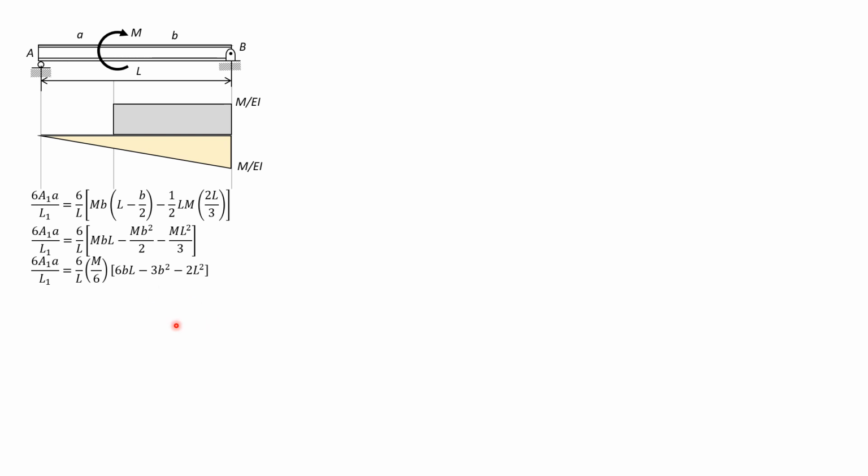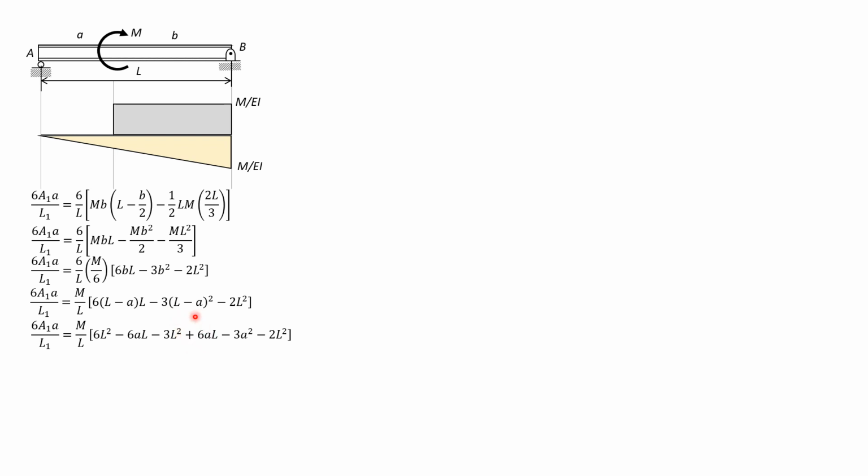Replacing B by its equivalent, which is L minus A, we have M over L, quantity 6 times L minus A times L, then minus 3 times L minus A quantity squared, minus 2L squared. So simplifying, we have M over L times 6L squared minus 6AL minus 3L squared, the first term being L squared. The second term is negative 2AL, so times negative 3, so positive 6AL.